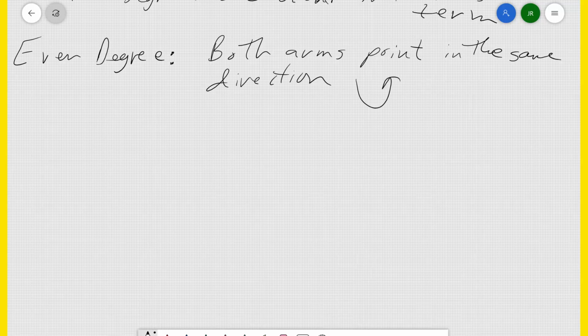They either both point up or they both point down. So how do you know if they both point up or both point down?